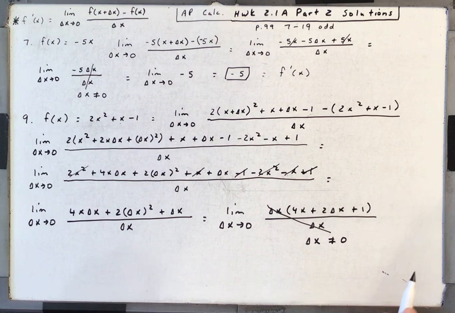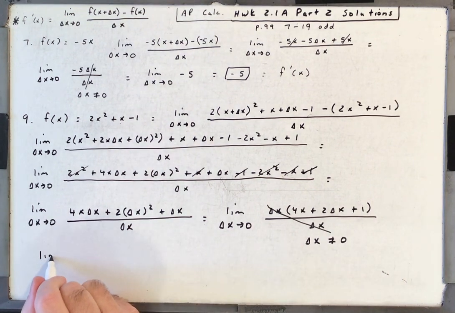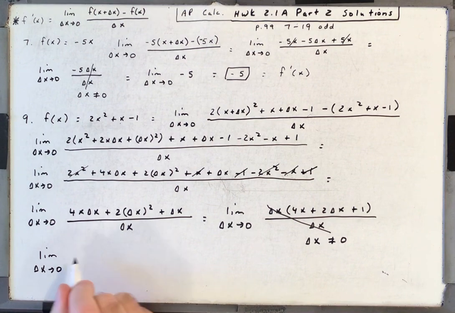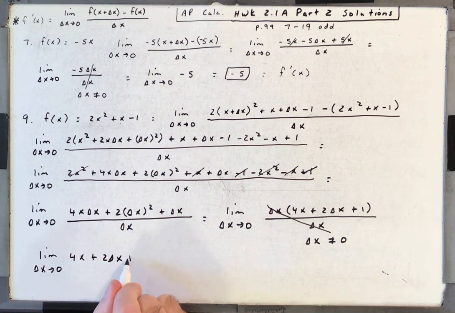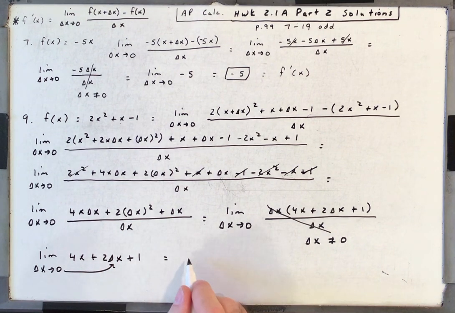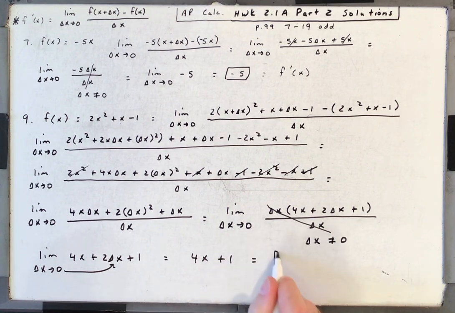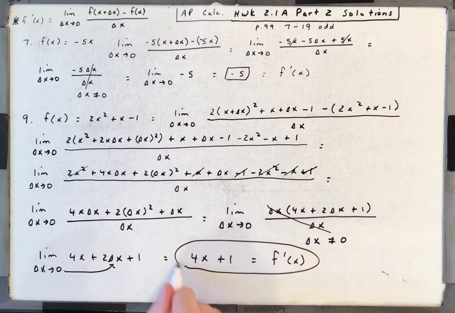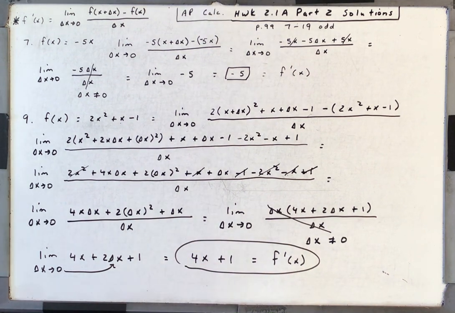As long as delta x does not equal 0. We have the limit as delta x approaches 0 of 4x plus 2 delta x plus 1. We plug in that 0 right there. And what's left is 4x plus 1. And that is our equation for the derivative, f prime of x.